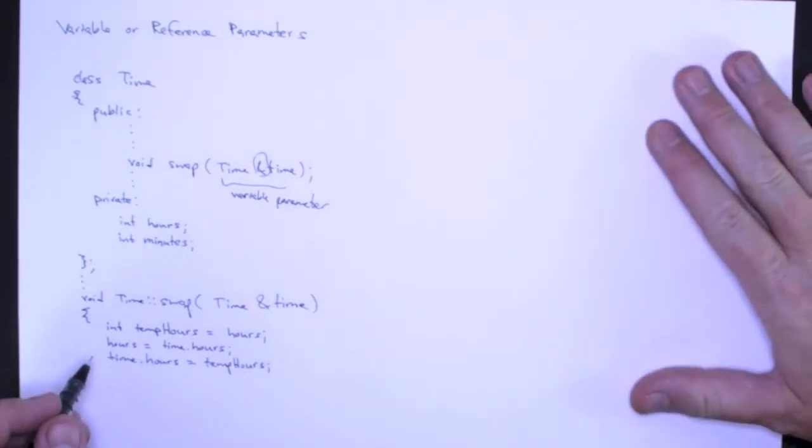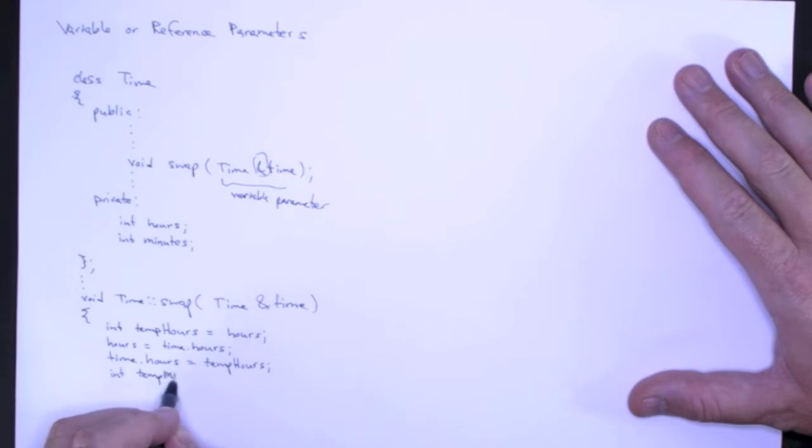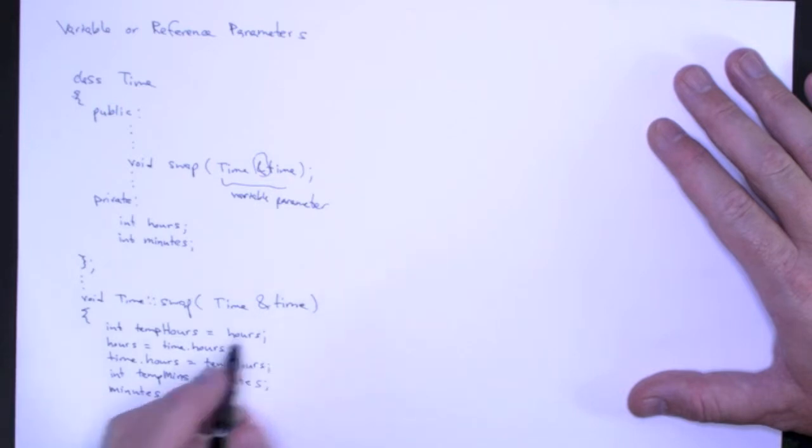And now I'm going to do the same thing with minutes. I could reuse that variable, but I'll go ahead and just create another one. So now I'm going to take the minutes out of this time object and store it here.